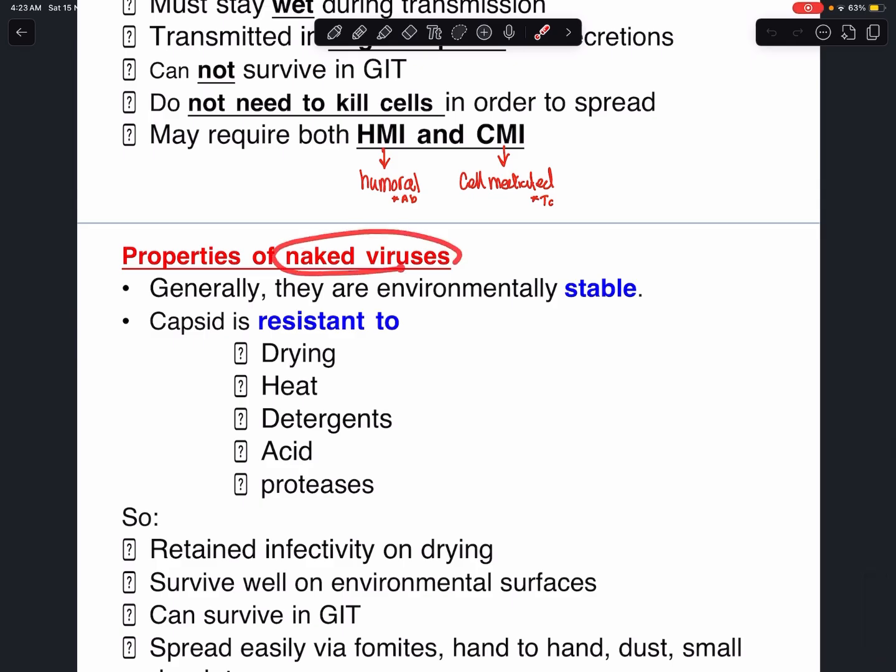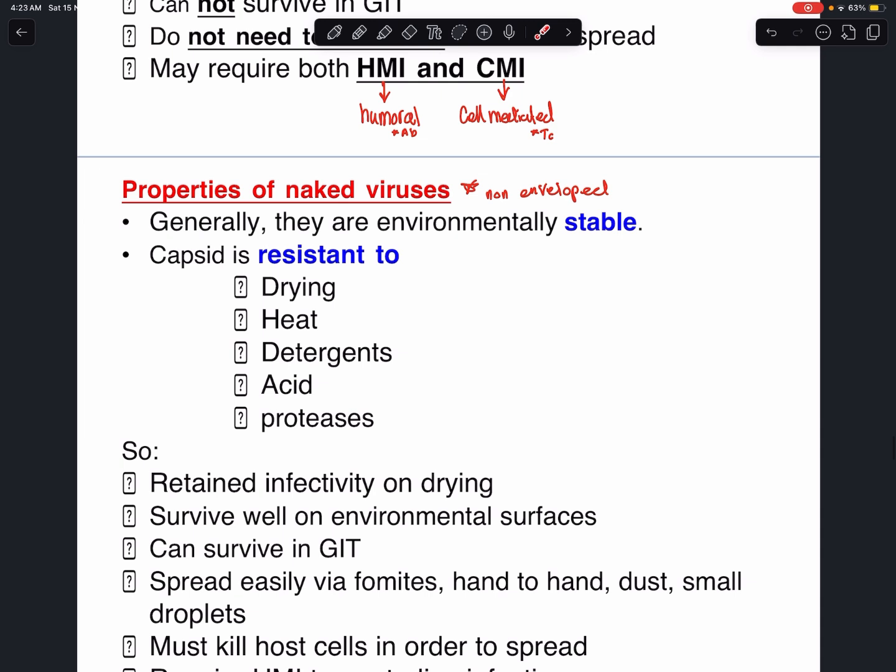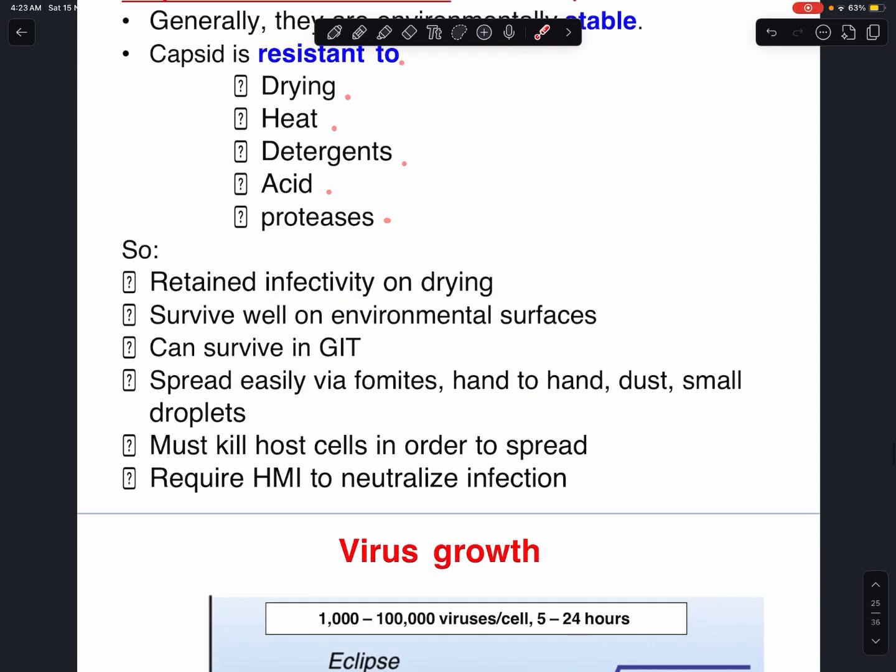Properties of naked viruses, the non-enveloped, okay? Generally, they are environmentally stable, so they are stronger even though they don't have an envelope. So, the capsid is resistant to drying, heat, detergent, acid, proteases, resistant to everything. Retained infectivity on drying.